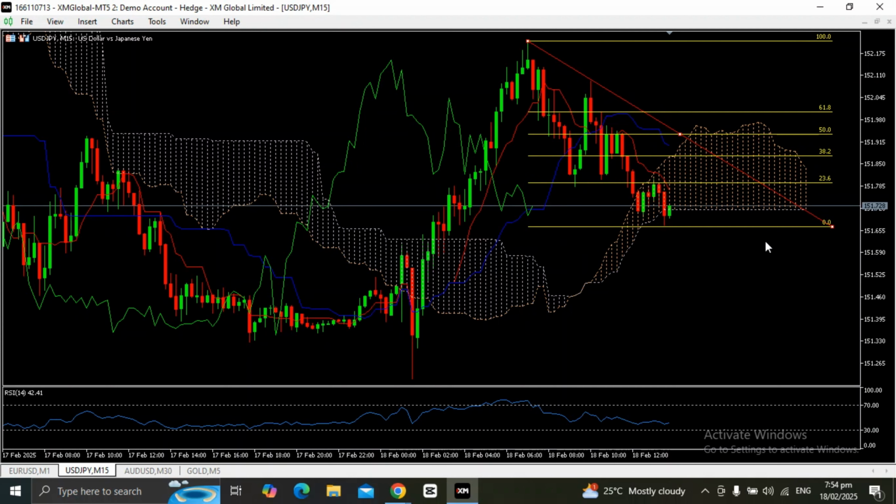Now in this instance, this line here, 23.6, will become your resistance. The first resistance, 38.2 will become your second resistance, third resistance, fourth, and then the fifth, because that is the high.